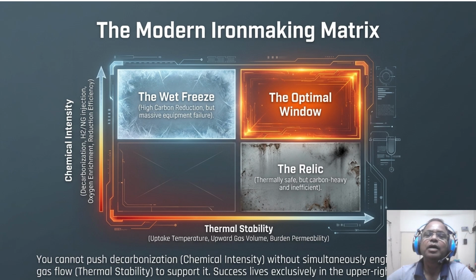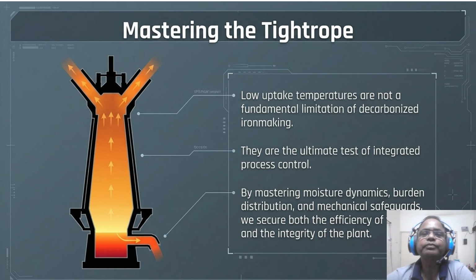So coming to our next slide, which is about mastering the tightrope. So in conclusion, we can see the low optic temperatures basically are a test of our strategies, our toughness, our promptness.